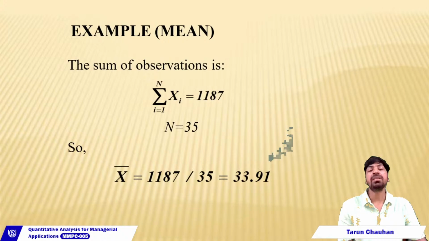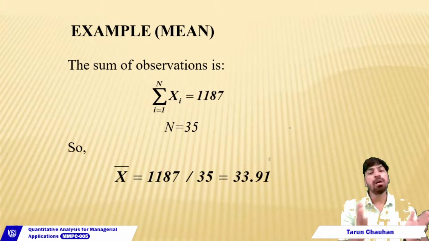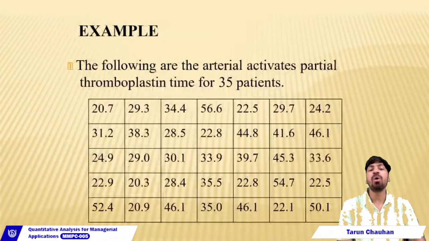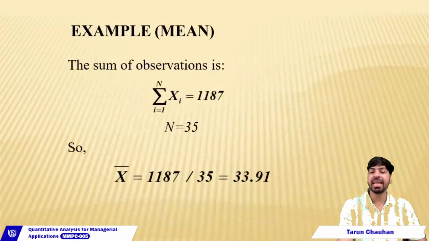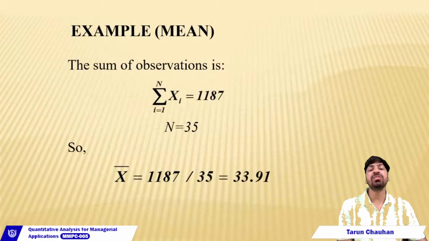N is the total number of observations and sigma x is the sum of all the observations, that is 1187. So when you add all the values, you will get 1187, and when you divide 1187 by 35, you will get the mean, that is 33.91.